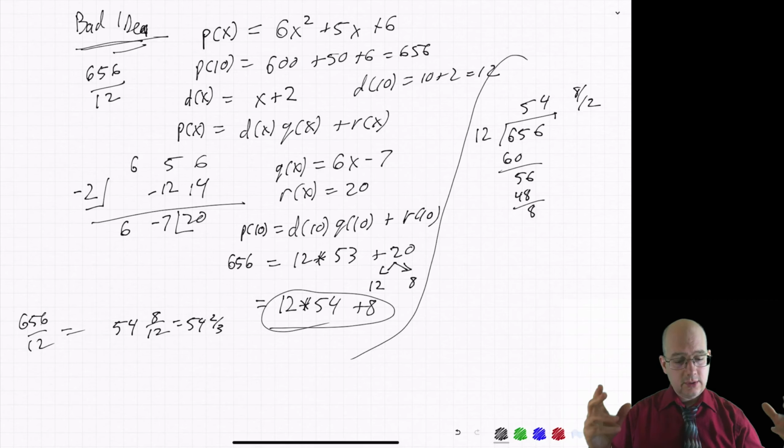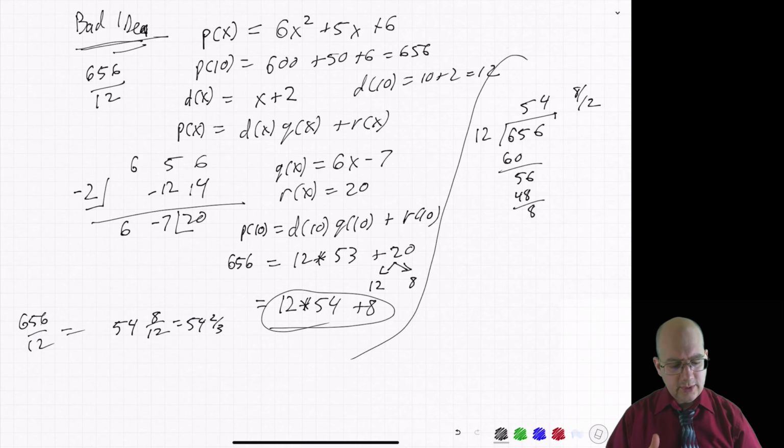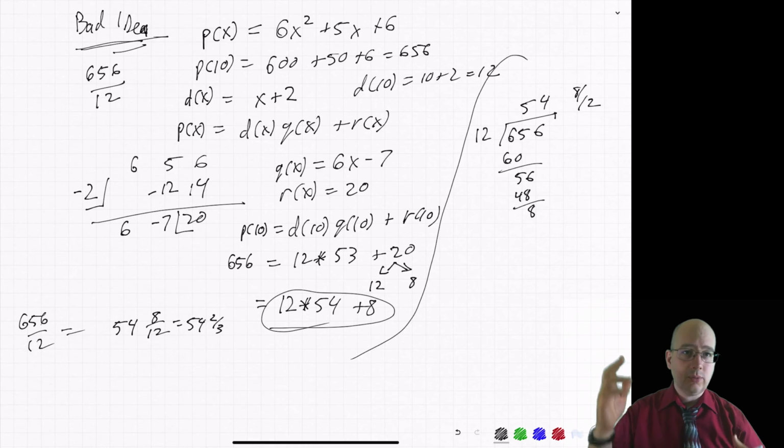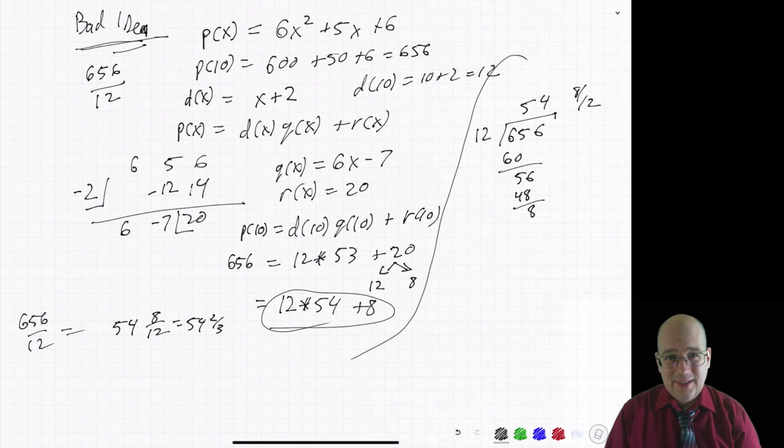So you get that, understanding that p of x is d of x times q of x plus r of x, that's the form we're trying to get into. And then when you plug in 10, you have some decomposition using the divisor, but it hasn't necessarily fully reduced. You can even have negative remainders or whatever, but still, it's a neat little gimmick.